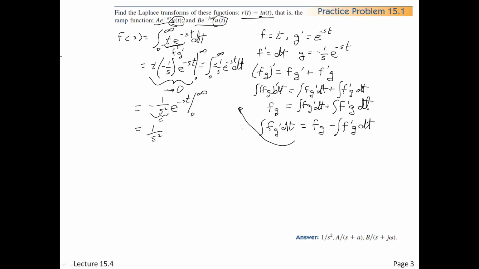All right. I want to look forward to actually an example that's in here, which is, again, being made into a one-sided transform by multiplying by u of t. But this is, what's the Laplace transform of a sine wave?